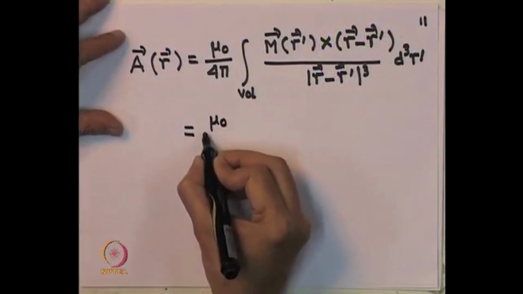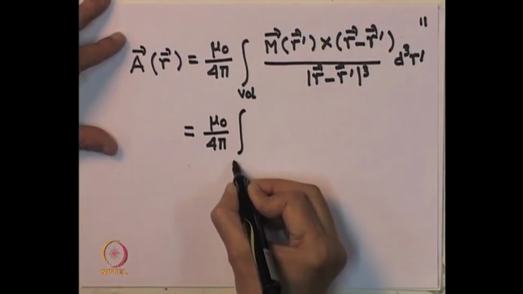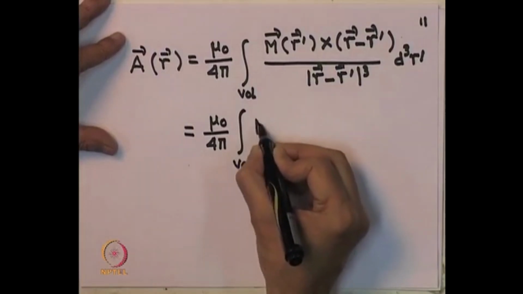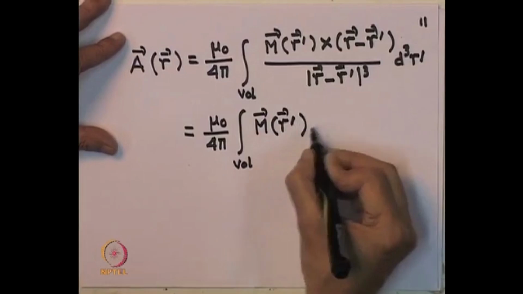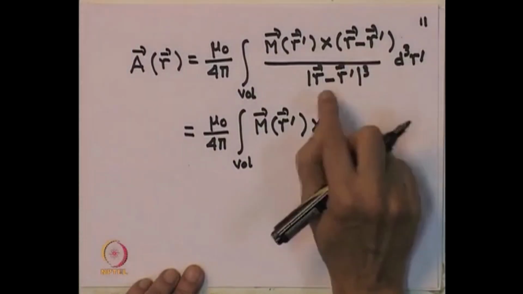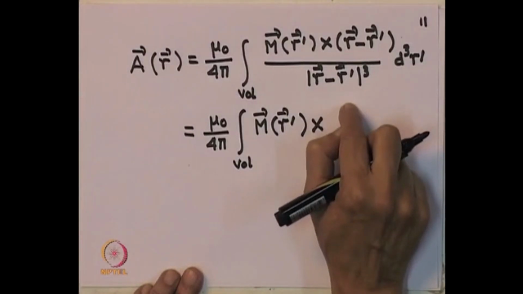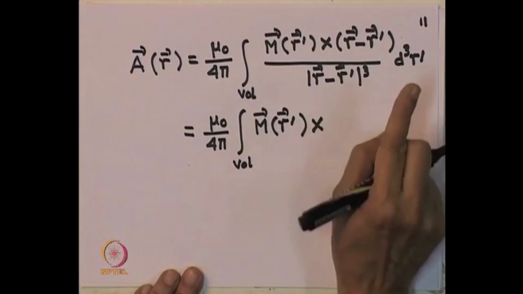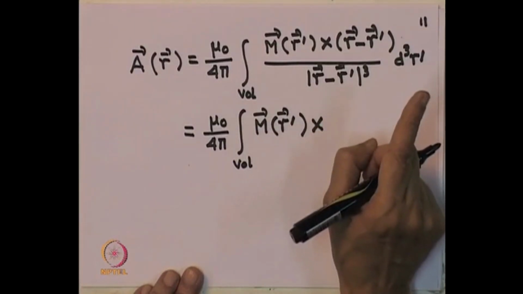The first thing that we do is, we will write this as mu 0 by 4 pi, integral over the volume, m of r prime, cross. Now, notice r minus r prime by r minus r prime cubed is the negative gradient of 1 over r minus r prime, but I am going to take care of that negative sign.